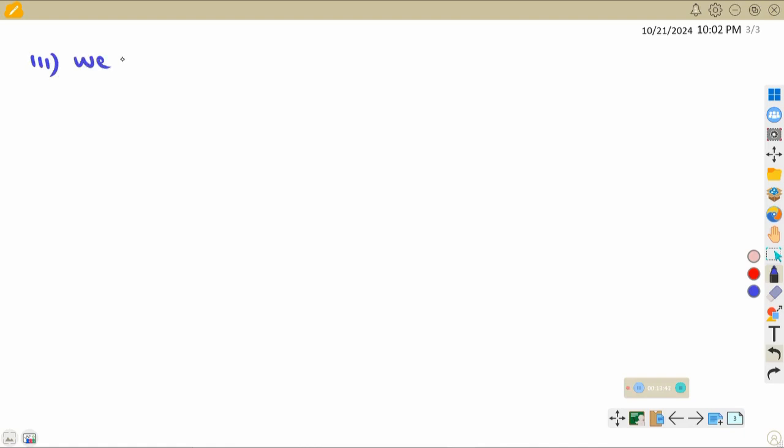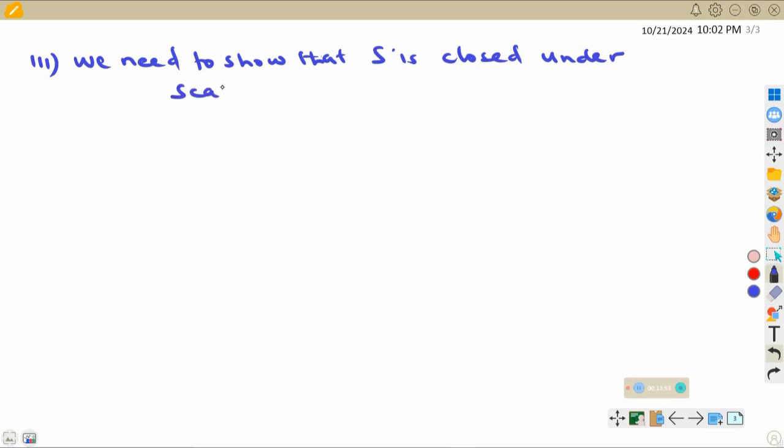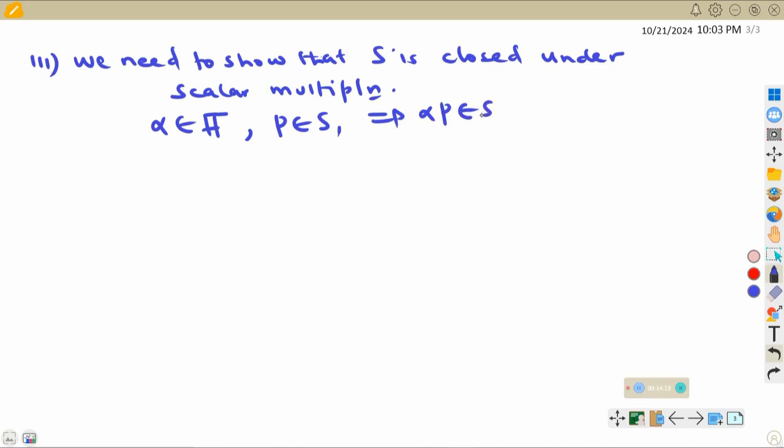We need to show that S is closed under scalar multiplication. And how do you prove that? If you have any scalar from the scalar field, then you pick any vector, for example P from S, then you must show that alpha P is an element from S.